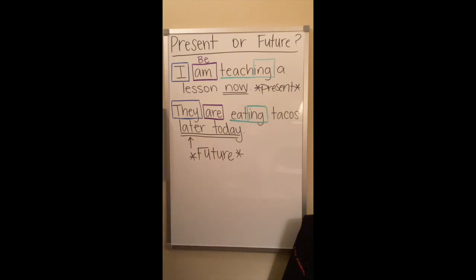The next example that I want to give you is going to be in context, meaning sometimes there won't be a keyword in the sentence, but maybe the keyword is in the question. Okay, so let's take a look at that.